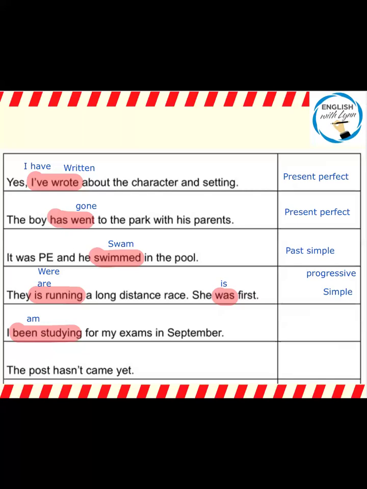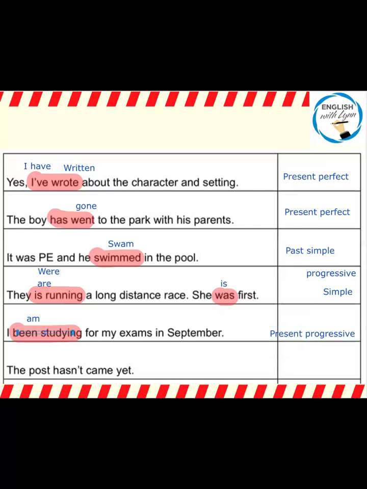For some of you, let me just put the progressive bit there. For some of you, you would use I have been studying. And if you are using the I have been studying, that is the present perfect progressive, if you're using that version, okay? So you've got the present progressive for the am studying.